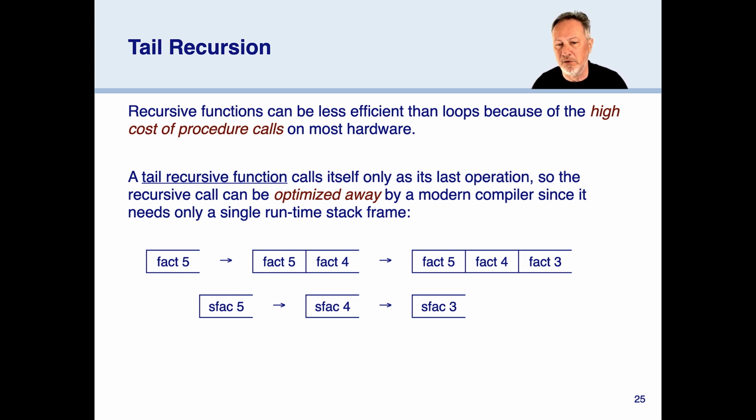It calls factorial 4, that needs a stack frame, which calls factorial 3, and so on. But if we rewrite factorial to be tail recursive, then sfac of 5 will, as a last step, call sfac of 4, and so on. So we can reuse the current stack frame, and we don't have to do any pushing or popping on the runtime stack.